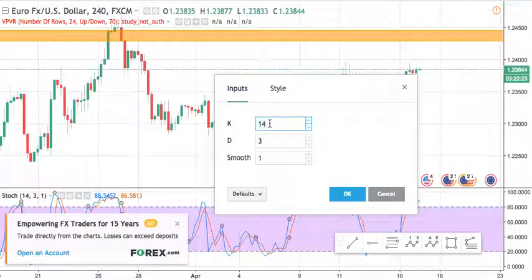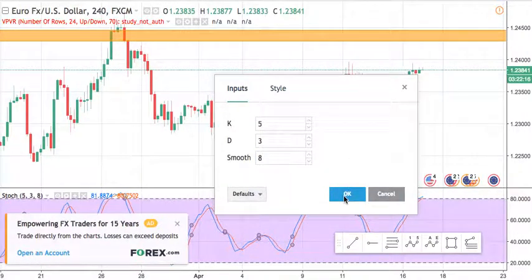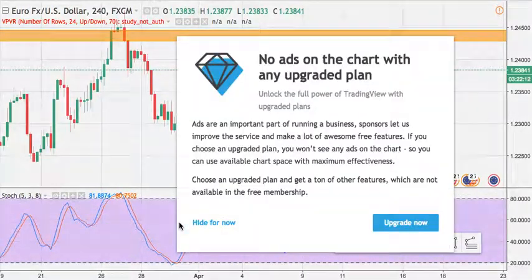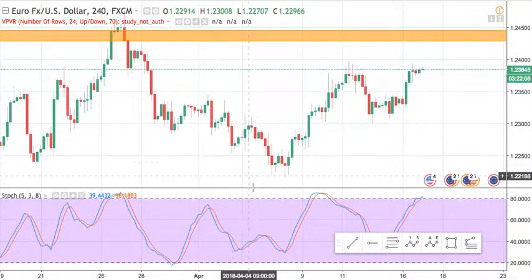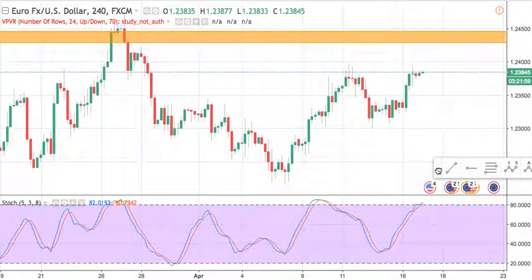Let's change this to 5, 3. I like to do it 8. Some people like the RSI. That's fine. They're all derived off of price action, though. When you understand price action, all of these make sense.